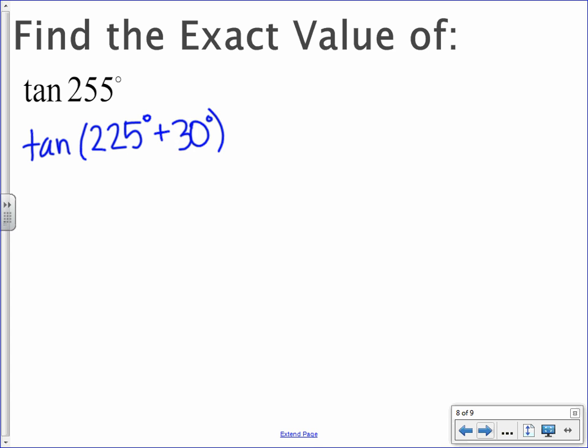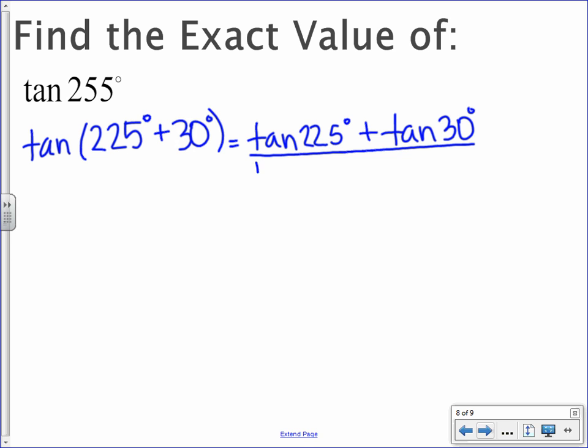Okay, this is going to take a few steps. All right? So, let's do this. To apply our formula, we have the tangent of 225 plus the tangent of 30 all over 1.